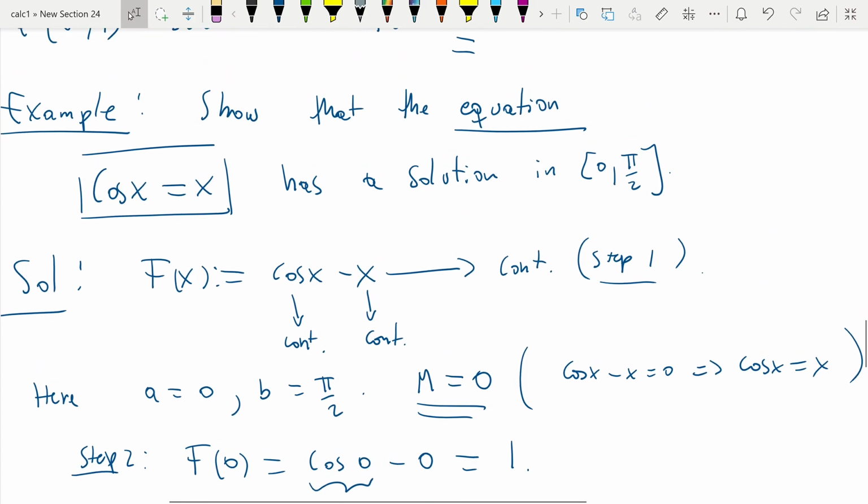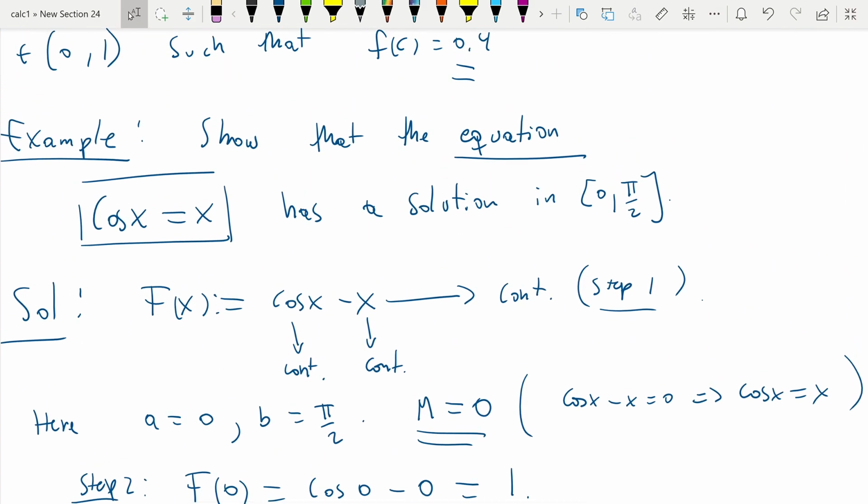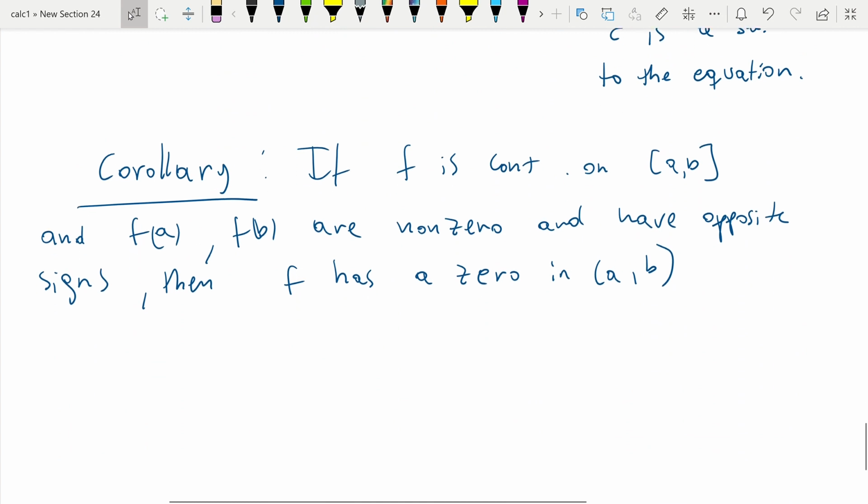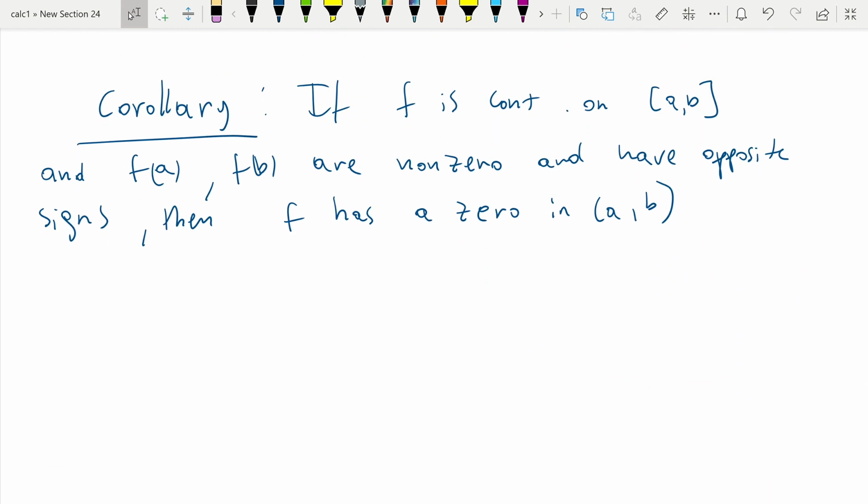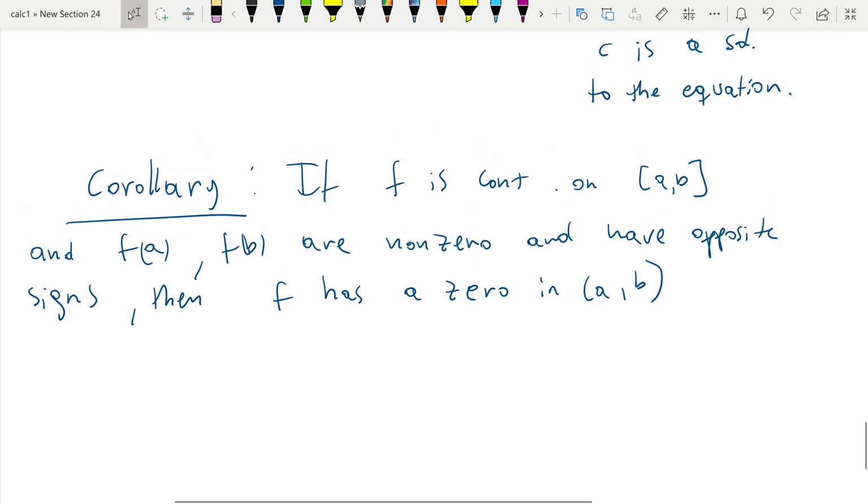Okay, so we're asked to find a 0 of a function. Whenever we're asked to find a solution to an equation, we'll transform that problem into finding a 0 of a function.